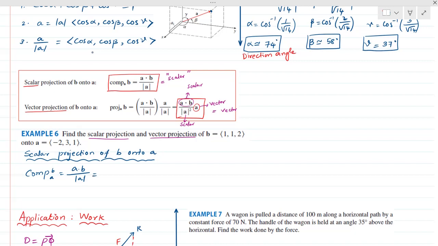When you multiply, you get minus 2 plus 3 plus 2 into 1, which is equal to 3, over the square root of the length of A, 4 plus 9 plus 1, which is 14. So it is 3 over root 14, which is a scalar.